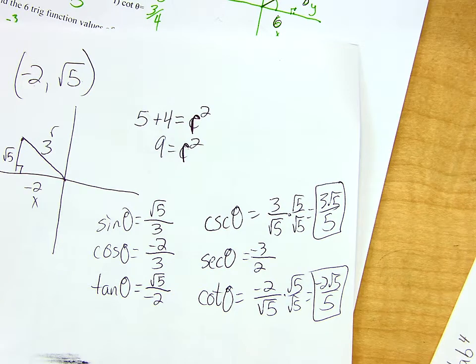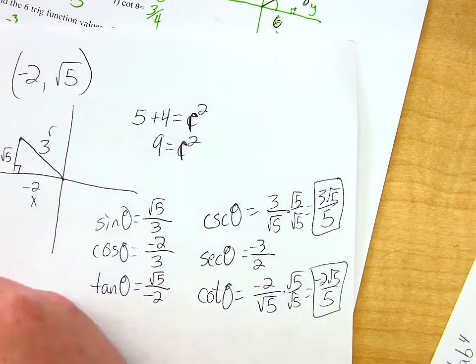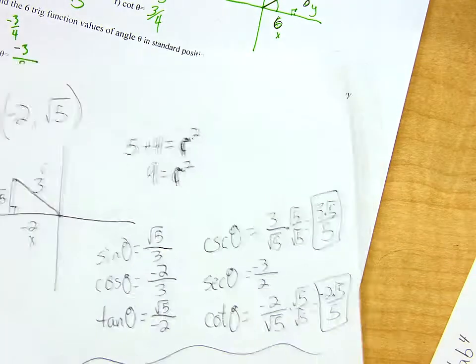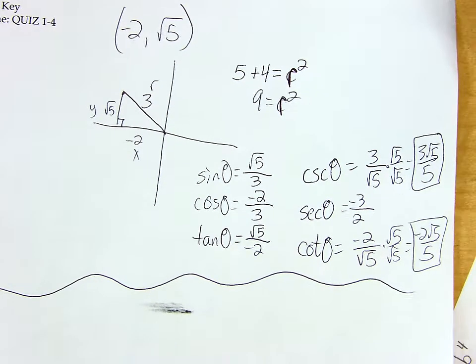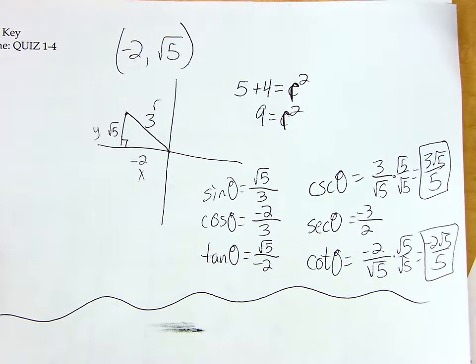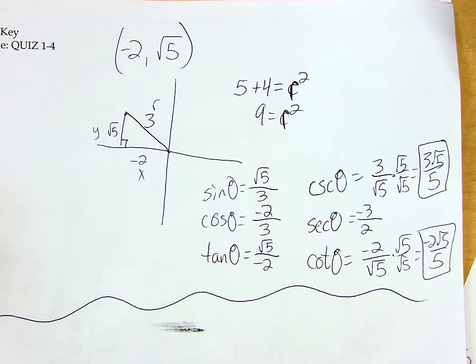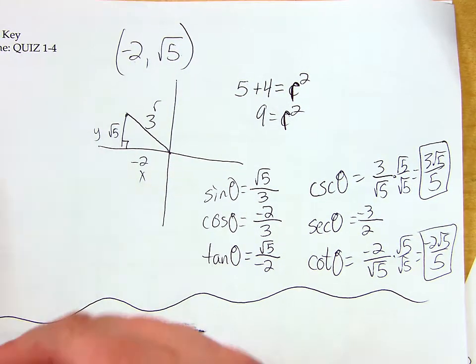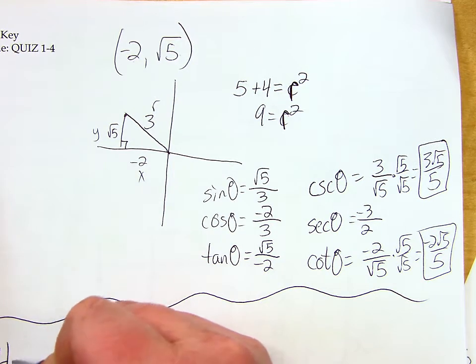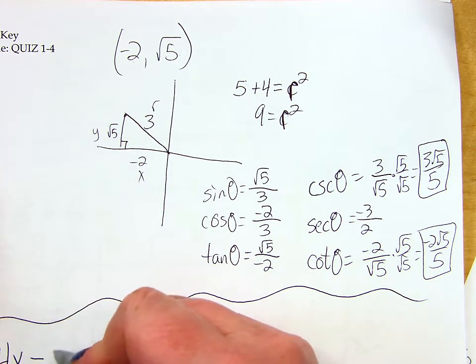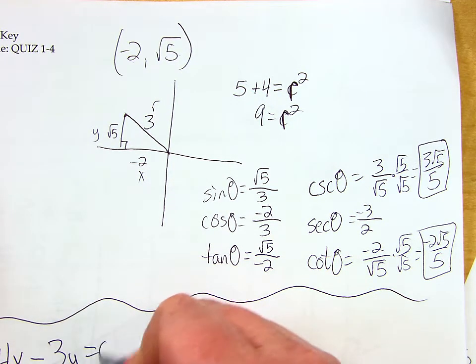Then you're going to have one where I give you a line. Oh, I gotta get rid of this cough someday. So just like on your homework last night, I'm gonna give you a line that coincides with the terminal side of the angle. So I'm just gonna make this line up. Let's say it's 4x minus 3y equals 0.